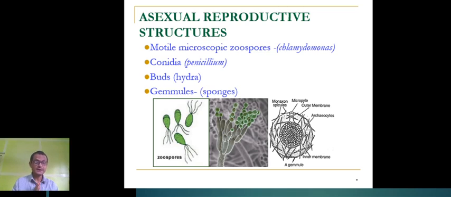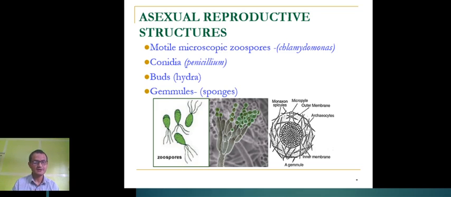Then conidia you can find in Penicillium. Penicillium is also a kind of fungus. In this species you can find a special kind of spores known as conidia.